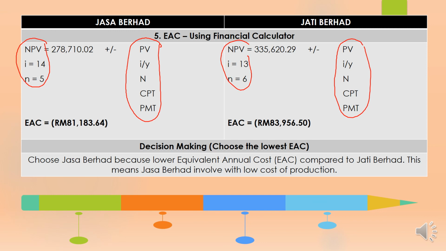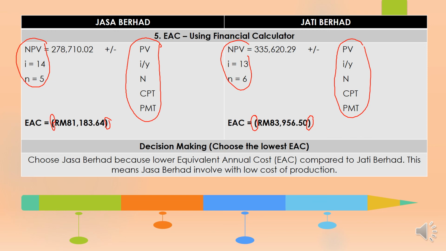And for your information, because EAC is measured in terms of the cost of the project or the machine, when you write the answer of the EAC, make sure that the answer is in brackets. The brackets here represent the cost, not a negative value of the answer.